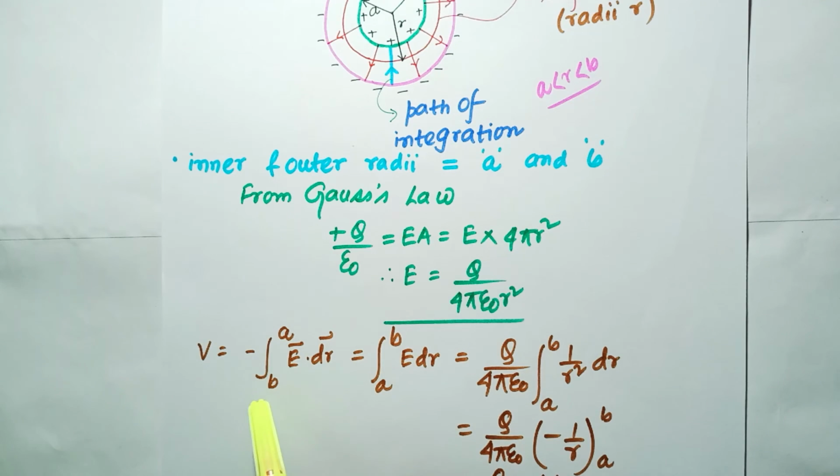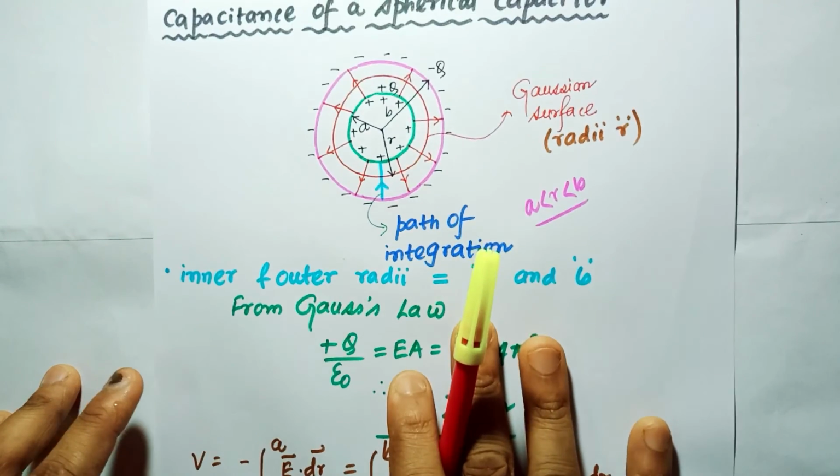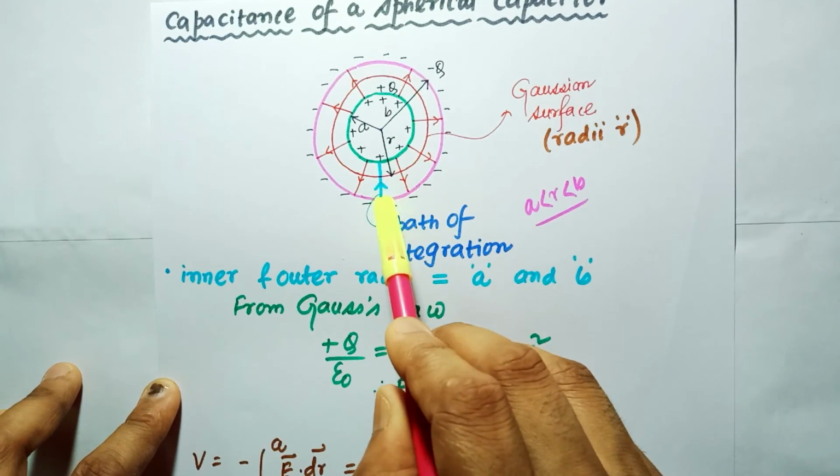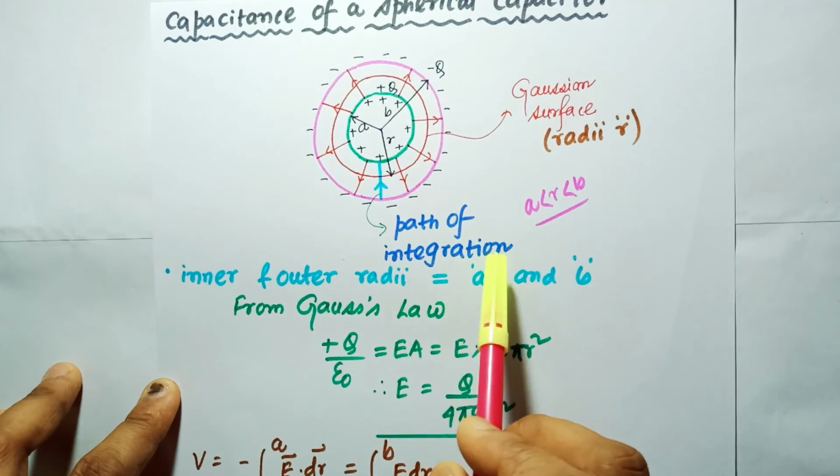Similarly, the work done to put some unit charge from the outer surface of the spherical shell to the inner surface, this is the path of integration I have written here.